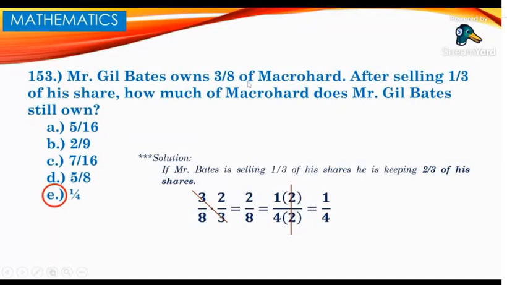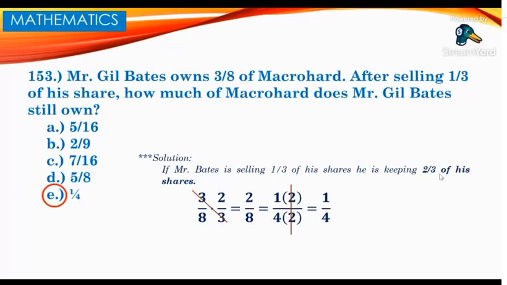So this means that we are going to, diba sa keywords natin, of means multiply. So, binenta niya po yung 1/3, pero yung tinatanong po is, magkano po yung, or how much of his share ang naiwan. So, ibig sabihin, kung binenta niya yung 1/3, ibig sabihin magkano yung naiwan? That is 2/3. That is 2/3 of 3/8.